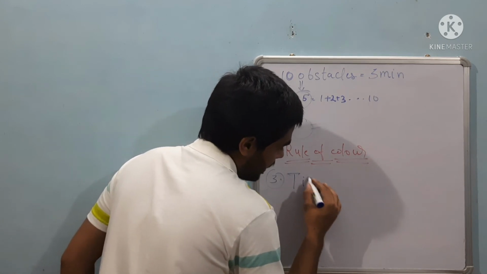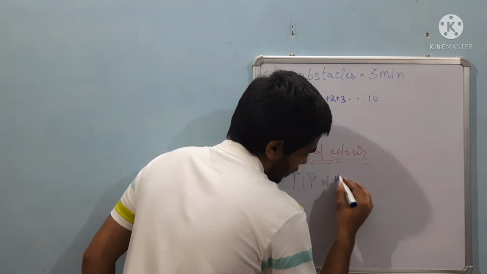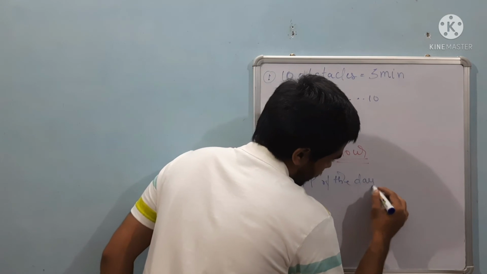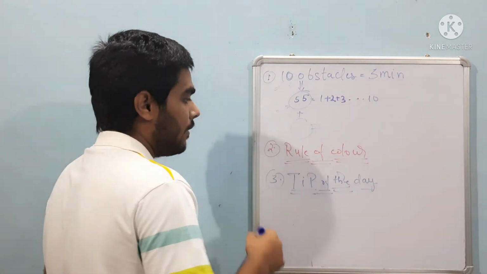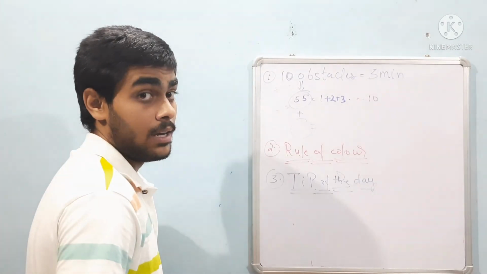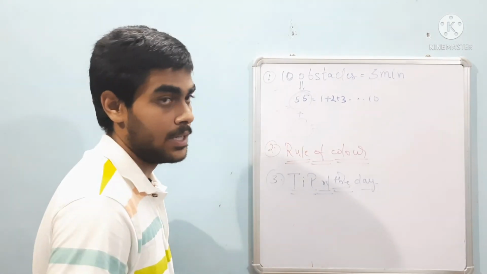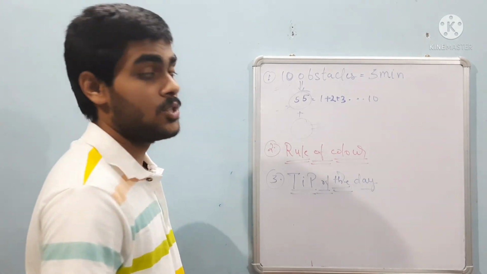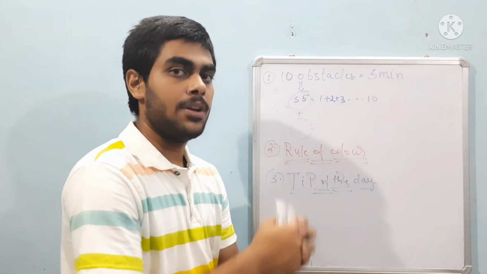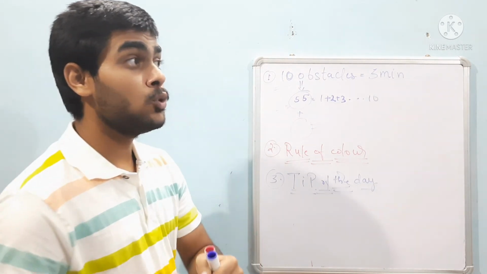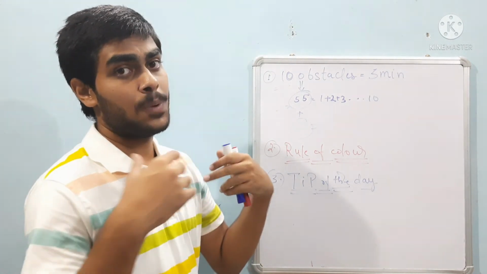The last thing is the tip of the day. If you are a fresher, that is, if you haven't faced stage 2 of the SSB, then you can choose your own path through the individual obstacles. What you have to do first or last, you can choose by yourself.